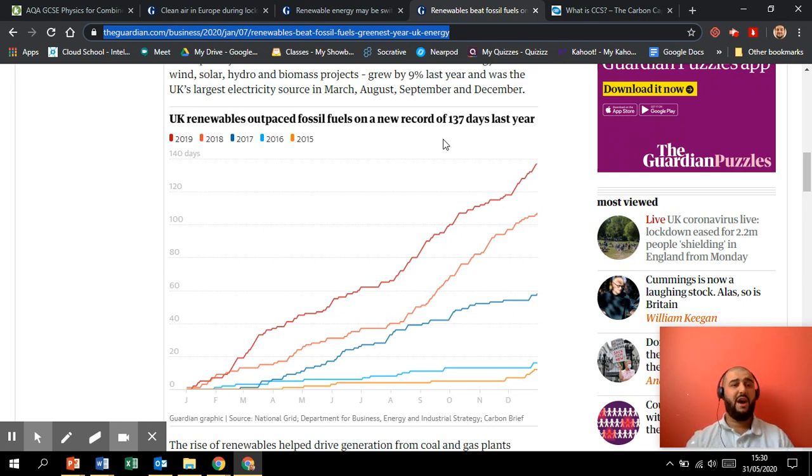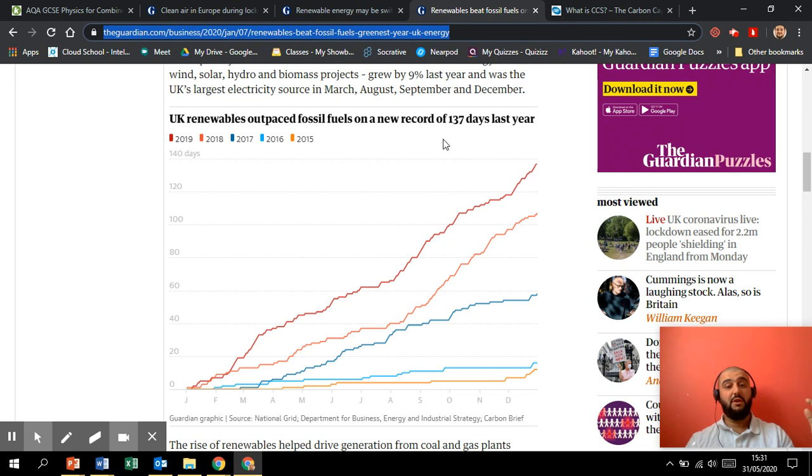Now, why was it only 137 days? Well, again, this is one of the disadvantages of these renewable sources of energy, because they are, in this country, mostly to do with wind and hydro. And there are some solar energy farms as well.